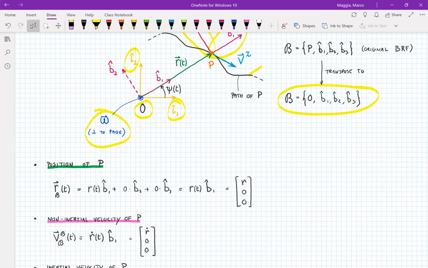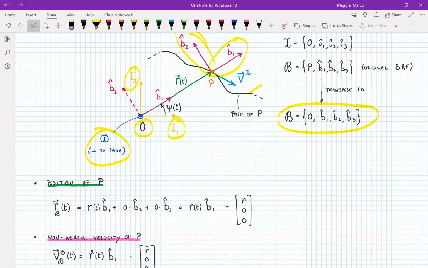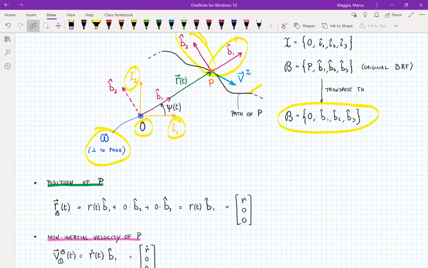So let's start constructing the vectors that we've seen, starting with the position of P. The position of P in the body reference frame is simply R in the B1 direction.